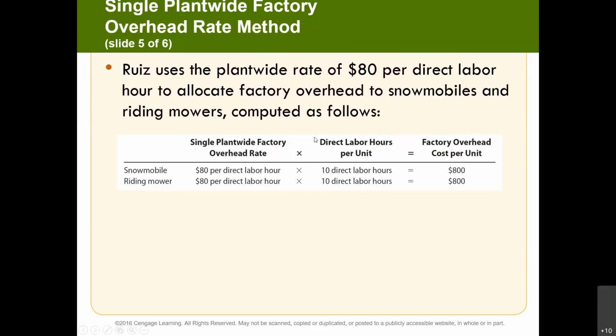And so we take our $80 per hour overhead rate and multiply that by the number of hours it takes to manufacture each unit. That gets us to $800. That's $80 times the 10 hours. So each unit should have $800 for overhead. So $800 is the amount of overhead per unit. Make sense so far? Yes? Great.